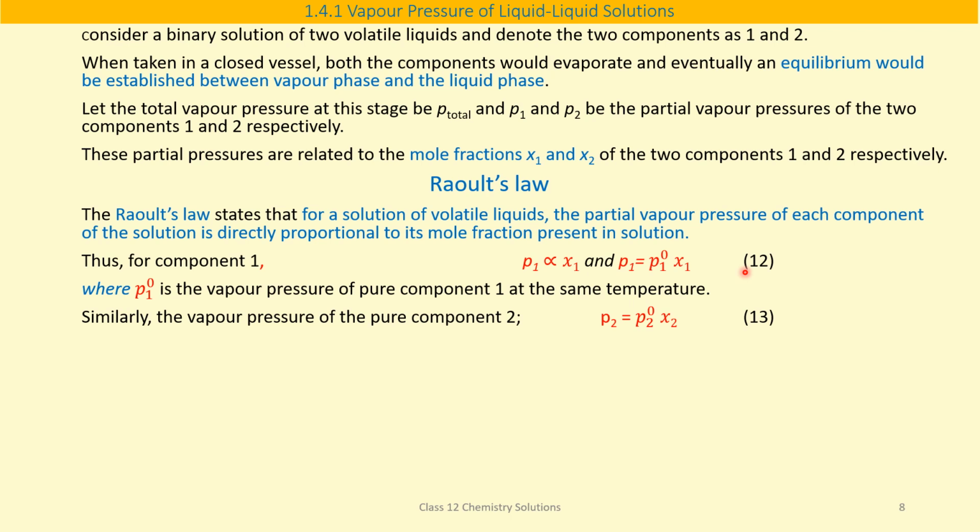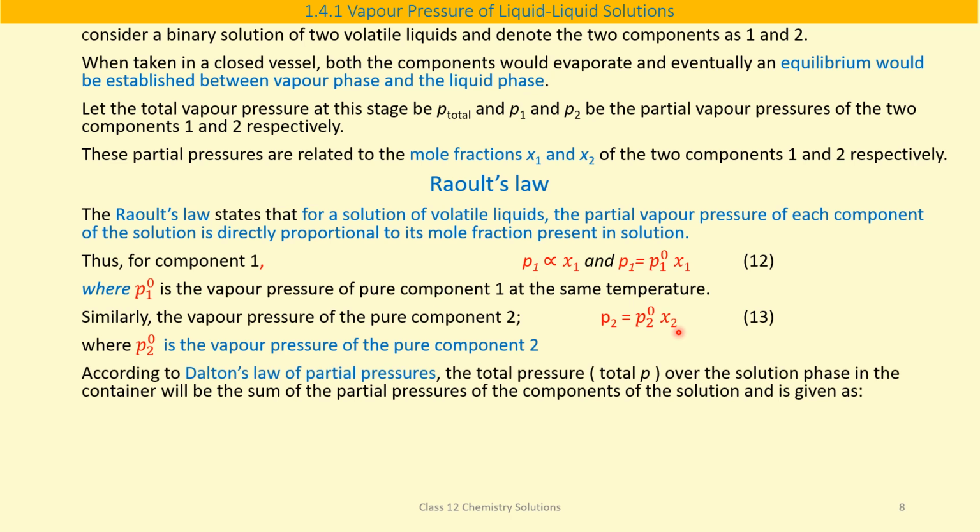Similarly, for component 2, P2 is equal to P2 naught into x2. Let it be equation 13. So I will repeat: for component 1, P1 equals P1 naught x1, and for the second component, P2 equals P2 naught x2. This is as per Raoult's law.